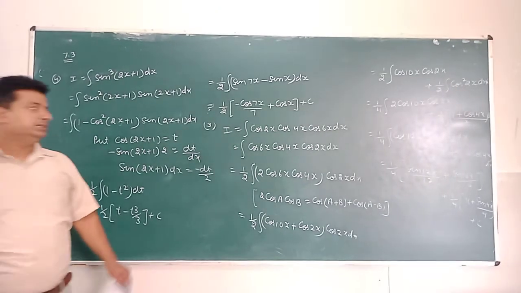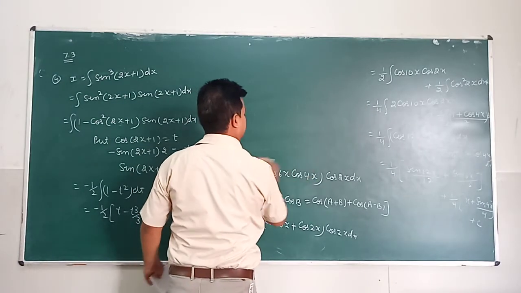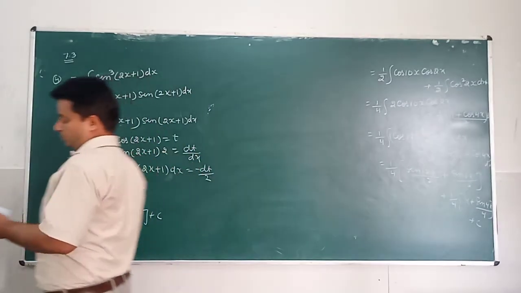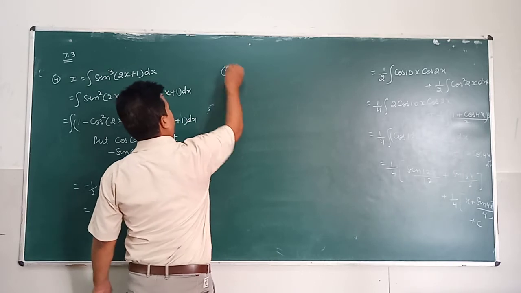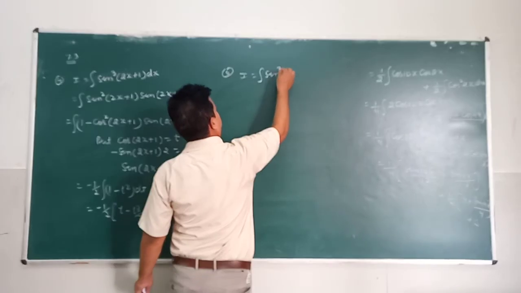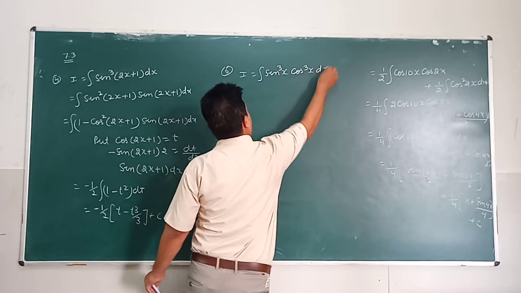This is the answer. In the next question, question number 5, the statement is I is equals to the integral of sine cube x into cos cube x dx.